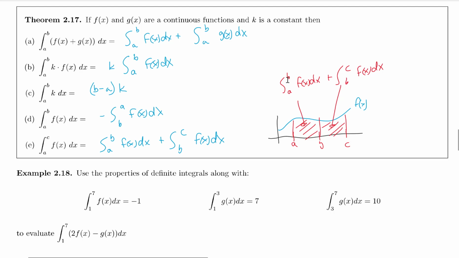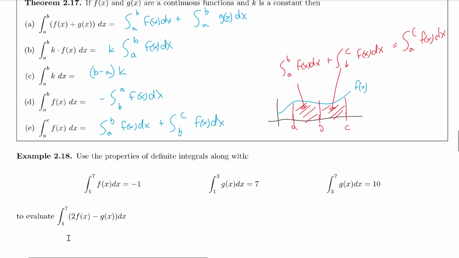And so when we add those two integrals together, we could have just found the integral from a to c of that function, because we can add integrals together. Now we're going to use these integral properties to answer a question where we're given some definite integrals, and we're using that to find other definite integrals.